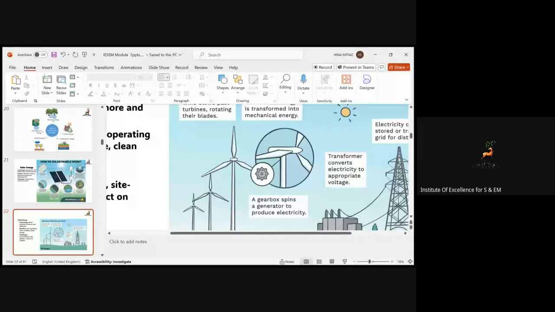When the wind flows across the blades, the air pressure on one side of the blade decreases and on the other side the air pressure is increased. So the difference in the air pressure across the two sides of the blades creates both lift and drag. So there is a drag on one side of the wing and there is the lift on the other side of the wing.